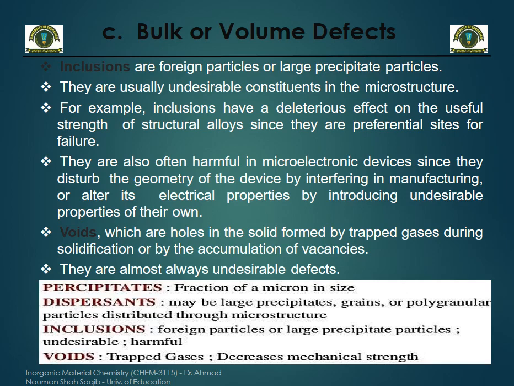Precipitates are a fraction of a micron in size. Dispersants may be large precipitates, grains or polygranular particles distributed through the microstructure. As we know, precipitates are small particles, while dispersants are large particles, which may be polygranular or grains in structure.